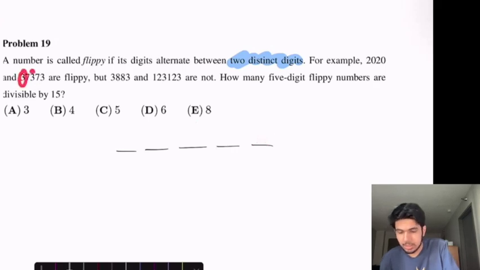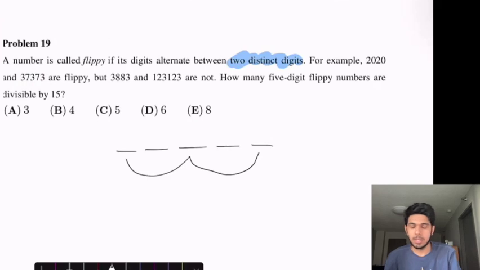There's a 3 in the first, third, and fifth digit. So in a sense, these positions are linked to each other. Then the second digit is going to be distinct from the first digit, and that's going to be the same as the fourth digit, right? This is just due to the alternation of the digits. So those two are linked.